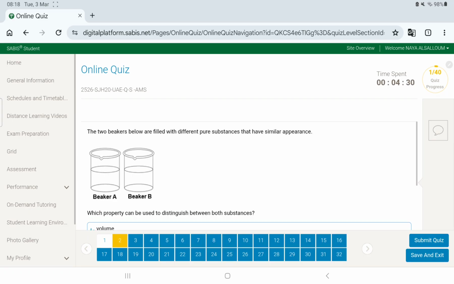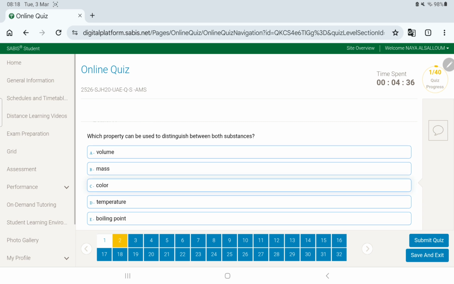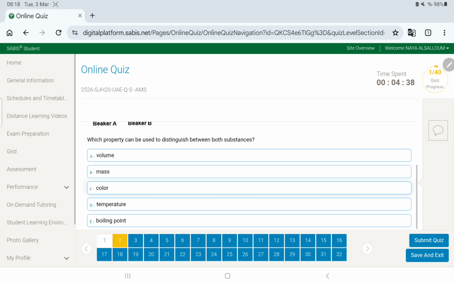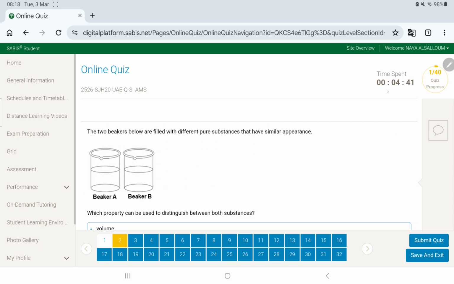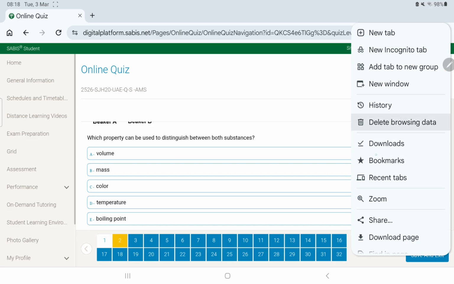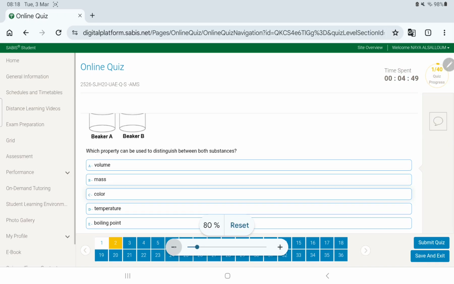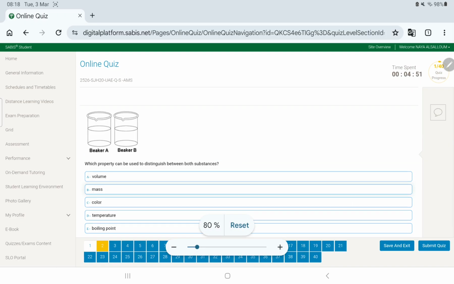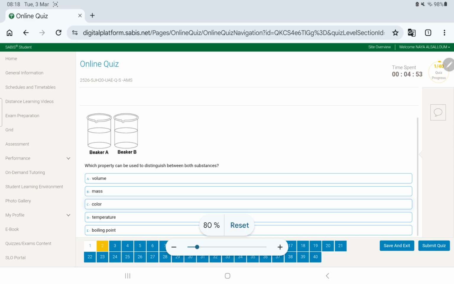Now, two beakers below are filled with different pure substances that have a similar appearance. Which property can be used to distinguish between these two substances? I'm just gonna zoom out a bit. I'm gonna zoom it back in later. But for now, let's keep it like this.